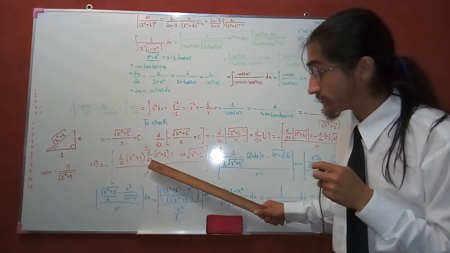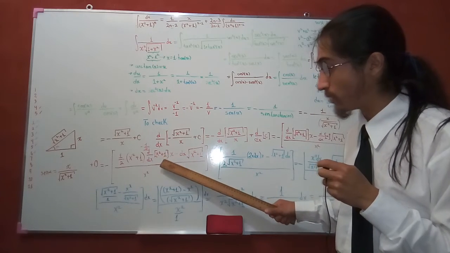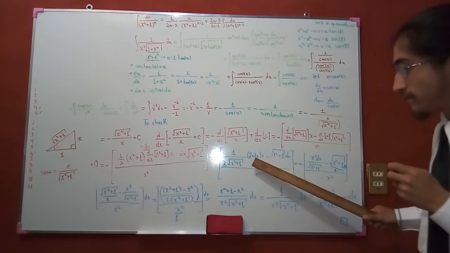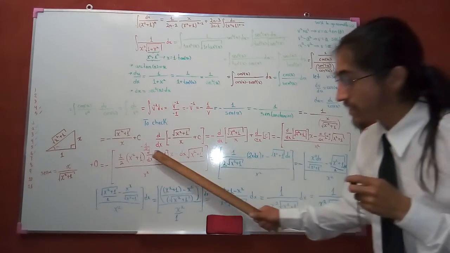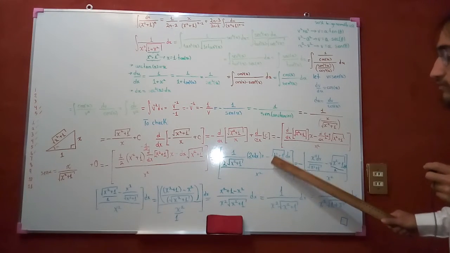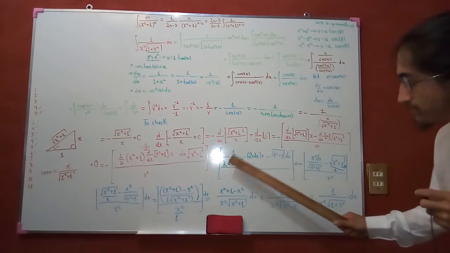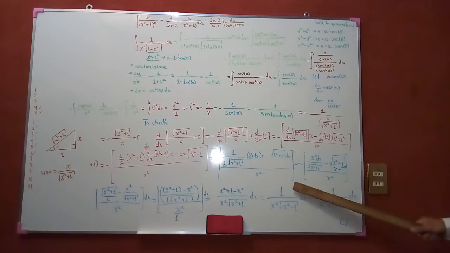The derivative with respect to x of x squared plus 1 is equal to 2x dx. All this number multiplied by x minus the square root of x squared plus 1 dx. All this polynomial divided by x squared, closed parentheses.